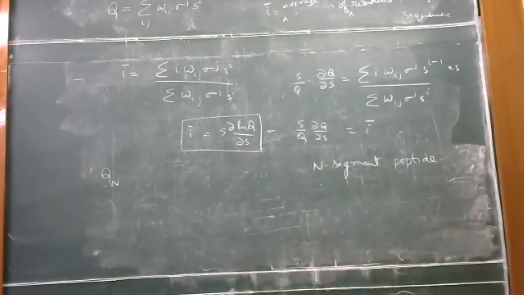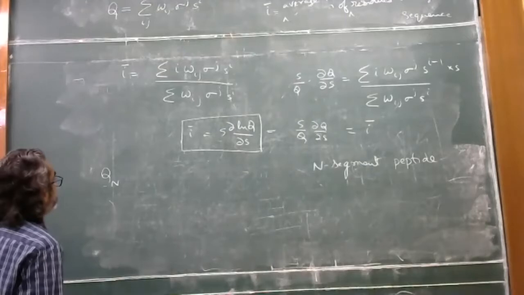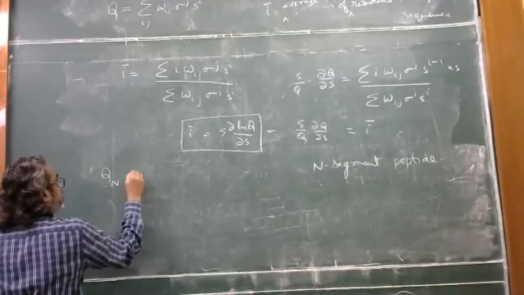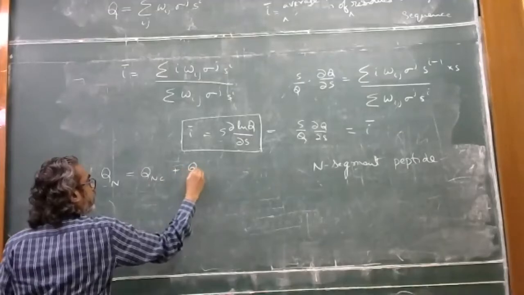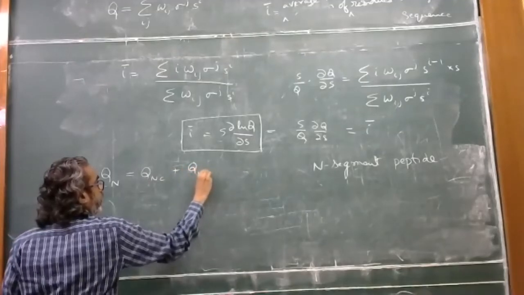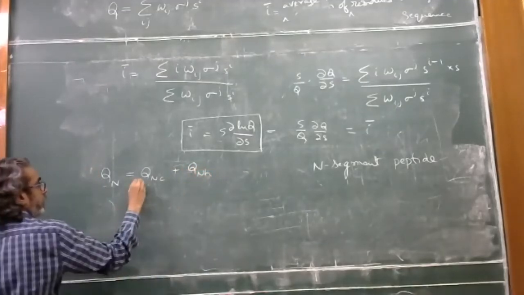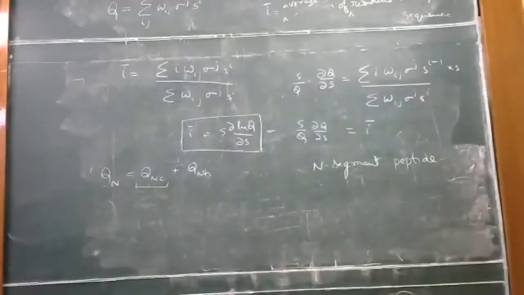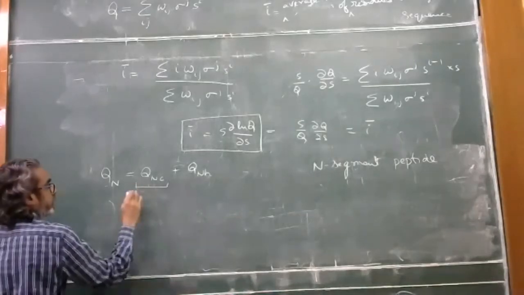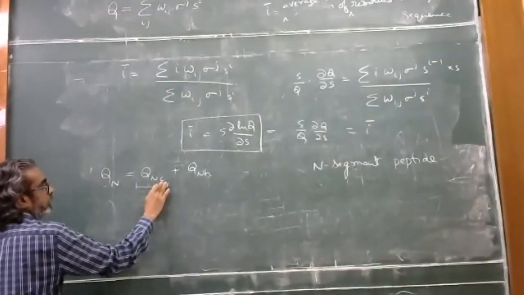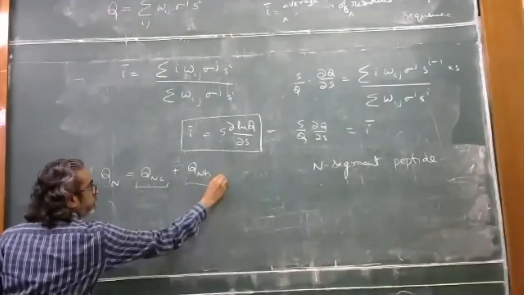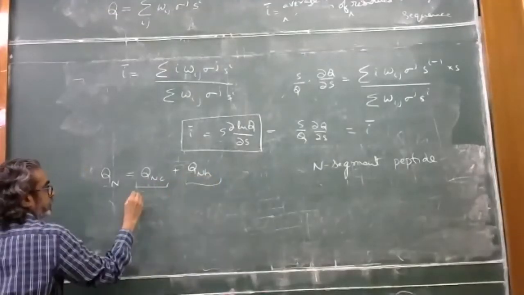We can divide this into two parts: Q_N,C plus Q_N,H. Here, Q_N,C covers all the configurations where the rightmost residue is C, and Q_N,H is for the rightmost residue being H.